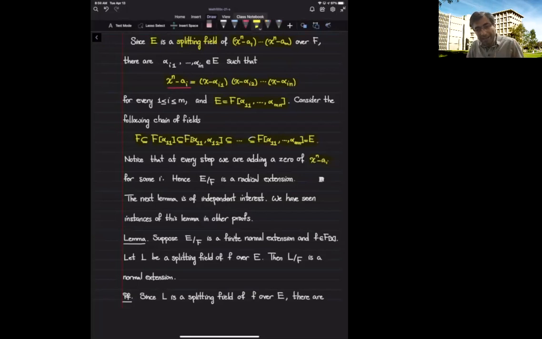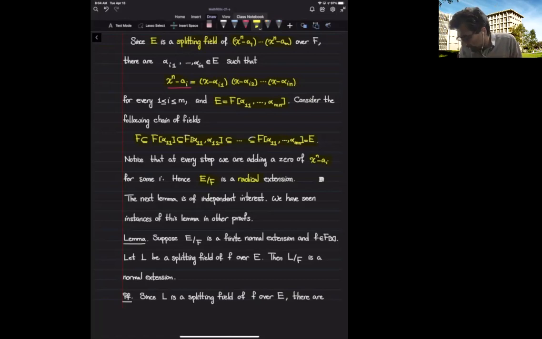Each time I'm adding an nth root of some element in the previous field to get the new field. So therefore, I'm getting a radical extension. So that means that E over F is a radical extension. So this is how we are going to get a Galois radical extension. Using splitting fields of this type of polynomials can help us to get Galois radical extensions.